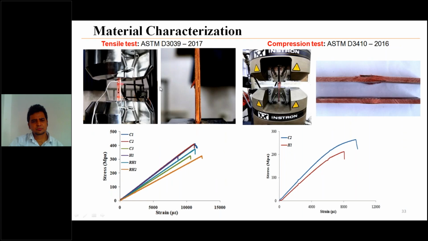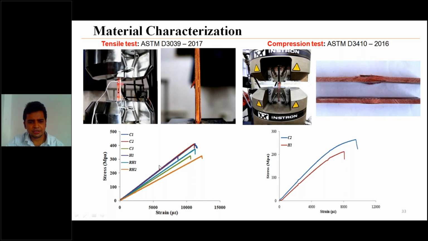Now coming to the tensile test. This tensile test was conducted, and we used strain gauges and extensometers to measure the strains also. We can see the failure patterns in the second figure. You can see delamination is actually the main failure pattern.